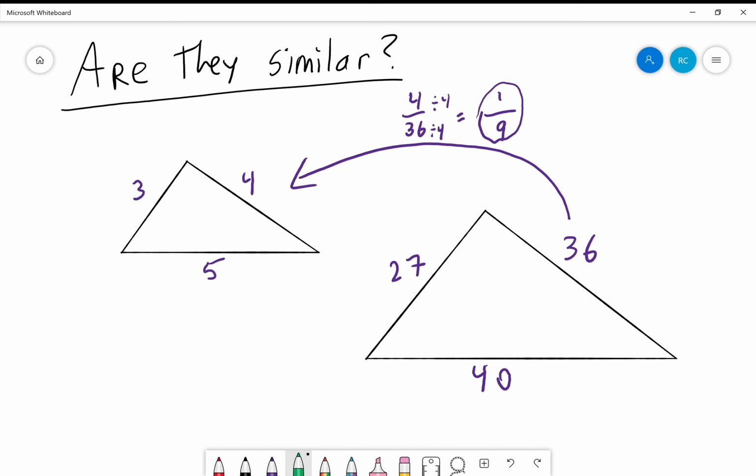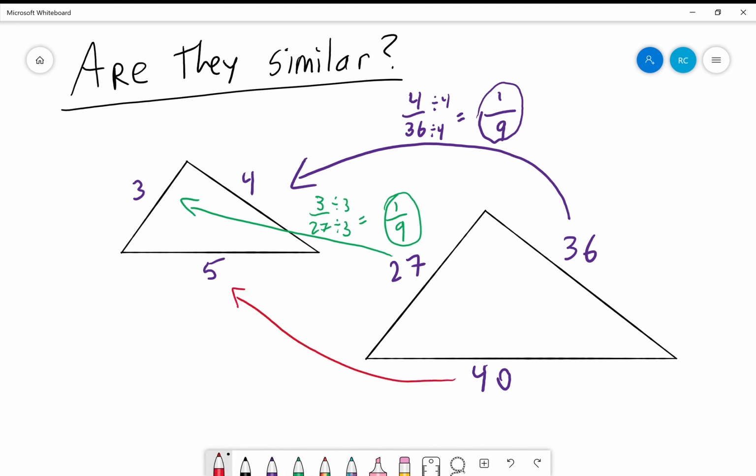Okay, so let's take a look at this second ratio here, 27 and 3. Well, again, 3/27, they're both divisible by 3. We get 1/9 again. So far, so good. How about this last one? Well, if we take 5 divided by 40, both are divisible by 5.